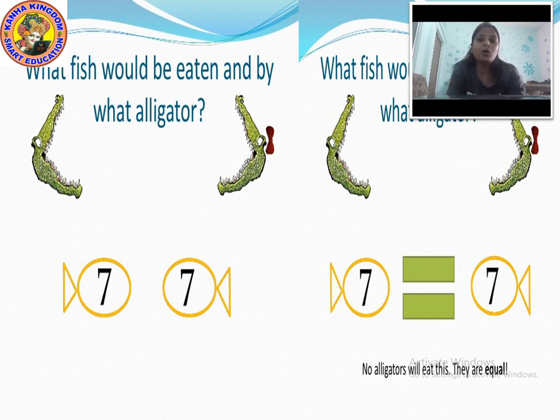If both numbers are the same, then the alligator will not eat any of the numbers. Alligator eats only the bigger number, and both sides are the same number. So if the numbers are the same, then it is equal to, and we are putting the equal to sign also, you can see.